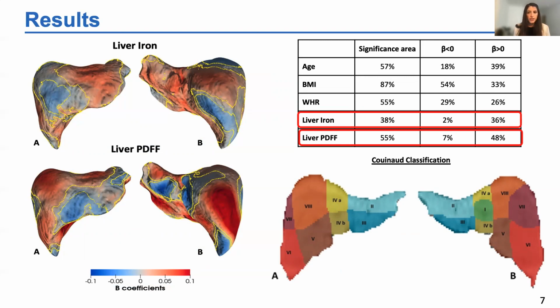Changes in the liver morphology associated with liver iron concentration here were stronger in segments 2 and 3, while changes in liver morphology associated with liver PDFF appear to be more pronounced on segments 2 and 3, as well as 6 and 7. However, further work may allow further mapping of the associations of liver cohort as well as on other organs in the abdominal cavity, such as pancreas, spleen, and kidneys.